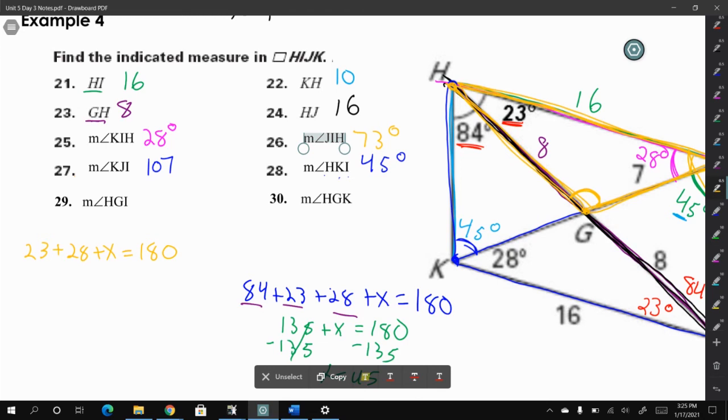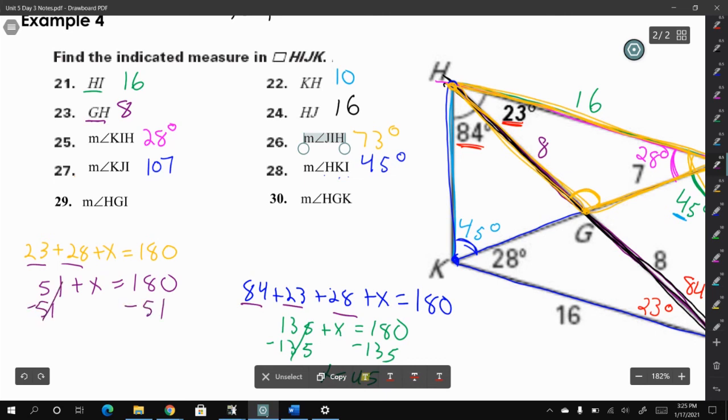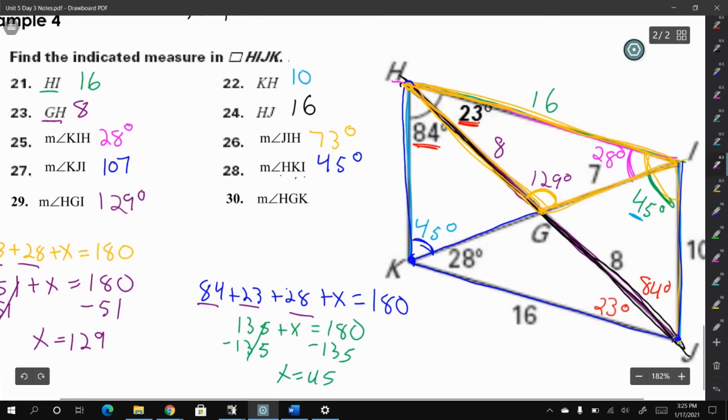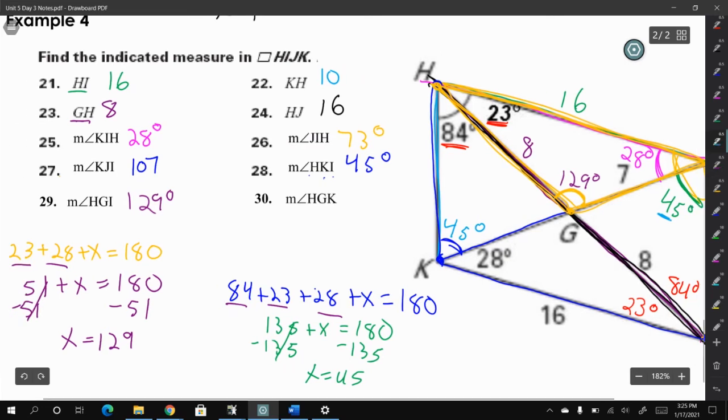And that will give me my angle that I'm trying to find. So if I add up my like terms, 23 and 28, I get 51 plus x equals 180. So x would be 129. So this angle right here is 129 degrees.